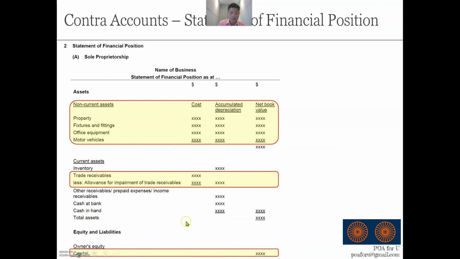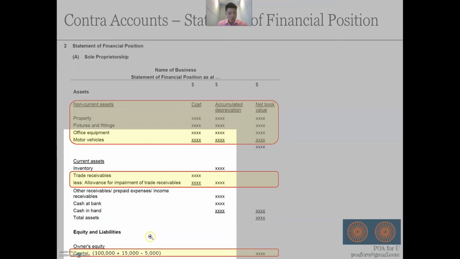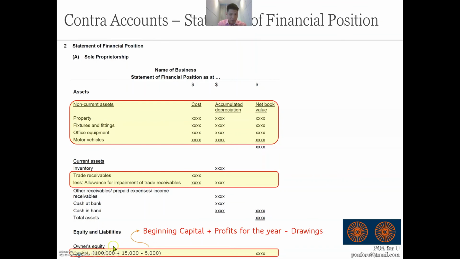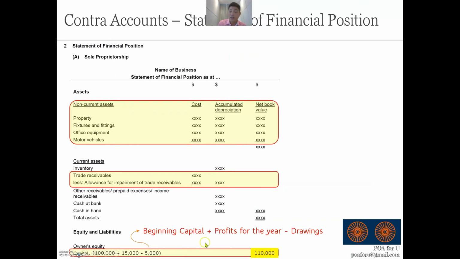But now, since 2021, you are asked to present it in this format where you have the beginning capital, let's say it's 100,000, plus profits for the year 15,000, less drawings, let's say 5,000, to come up with a total of 110,000, for instance. So if you see these drawings, they work in the opposite direction as capital because they reduce the capital number.